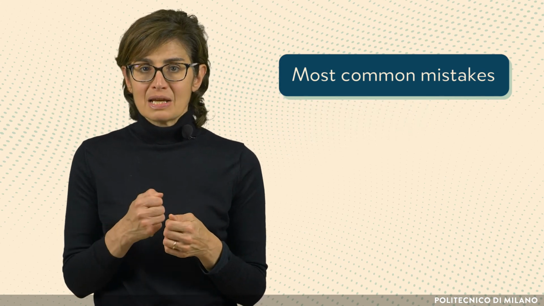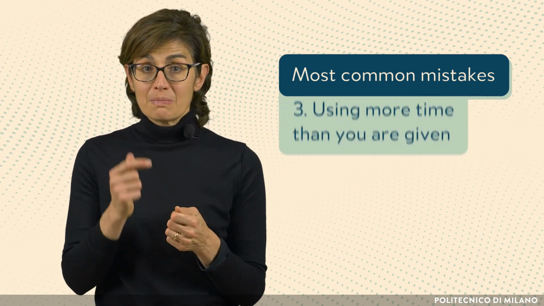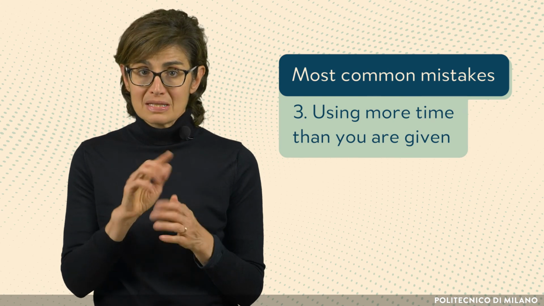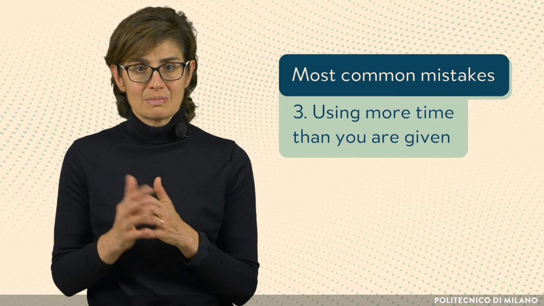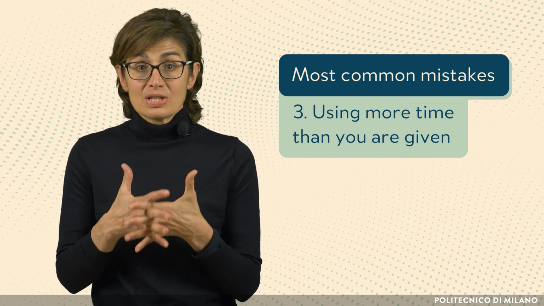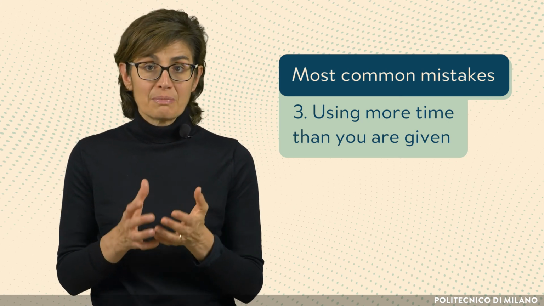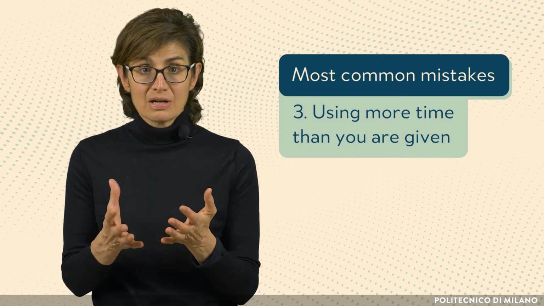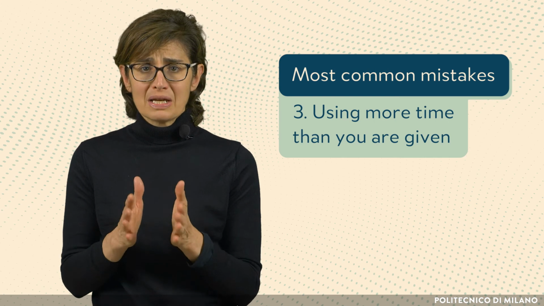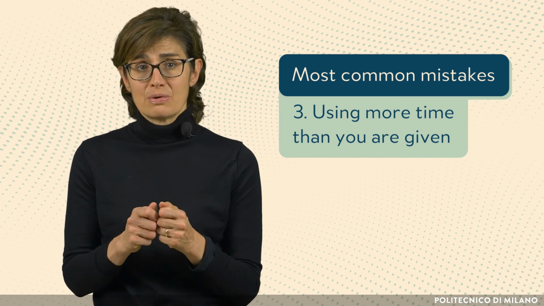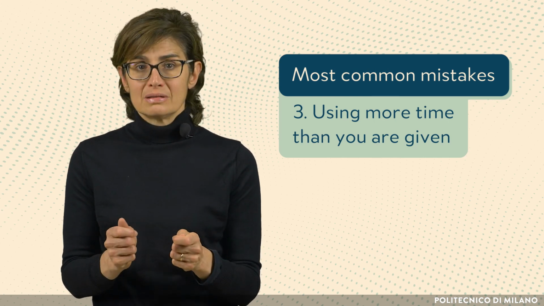The last mistake we deal with here is the break of the implicit or explicit agreement about time you have with the audience. There are situations in which time is given, like for example a conference or a lecture, and everybody knows about it. It is a sort of agreement between the speaker and the audience, and it mustn't be broken. Don't go beyond.